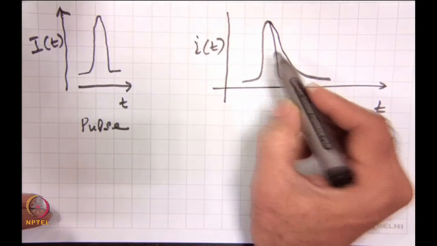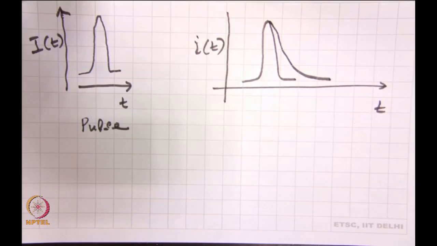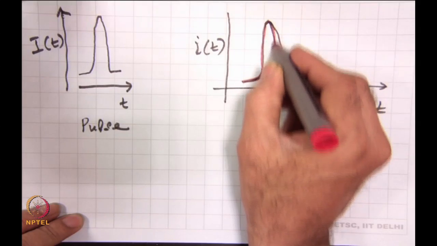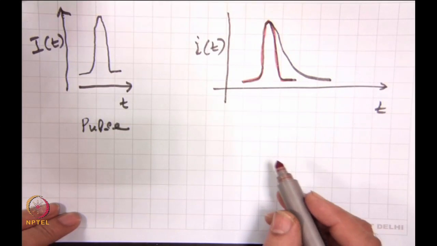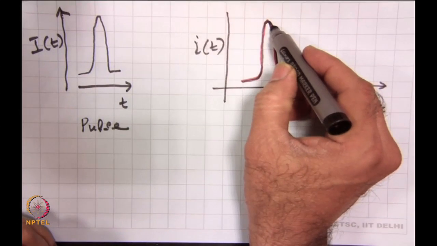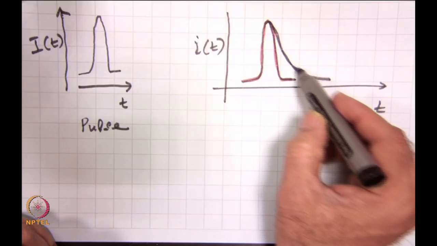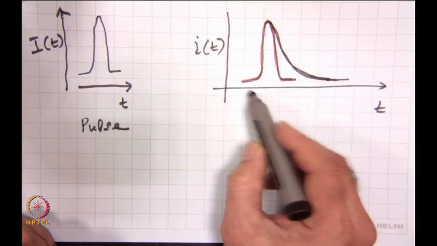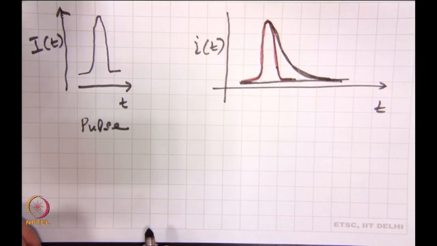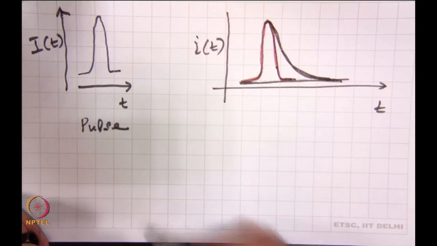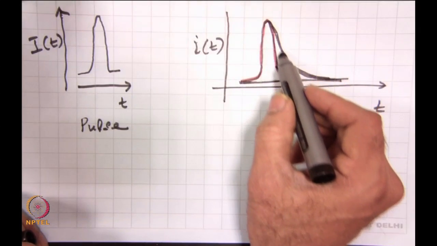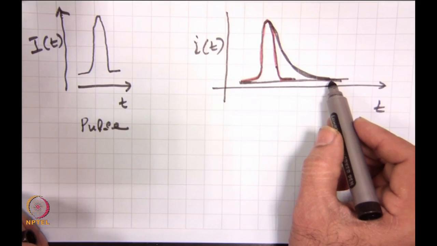So, what I have shown here is the incident optical pulse, and ideally I should get the current pulse like this. However, in practice there is a finite time over which the pulse continues even after the incident pulse has passed through. This tail here is because of the carriers which are there in the medium.